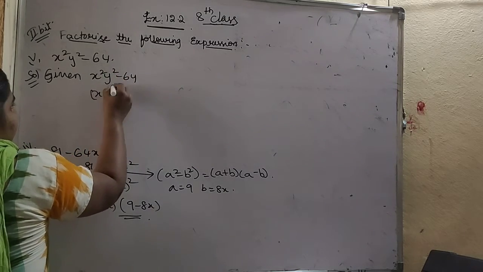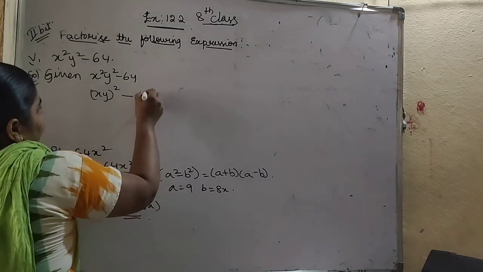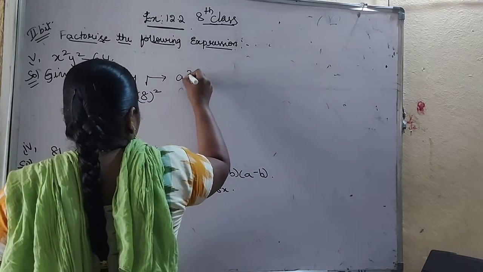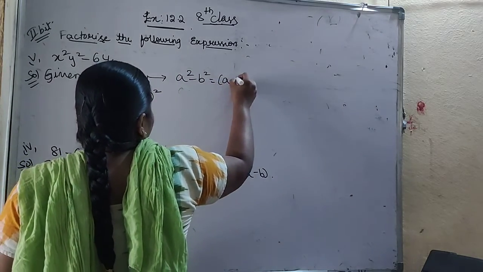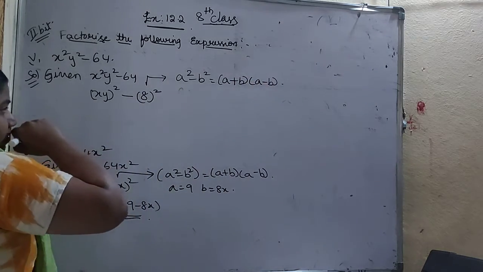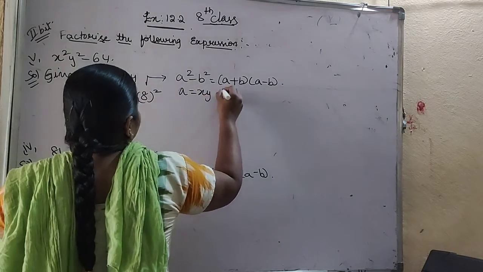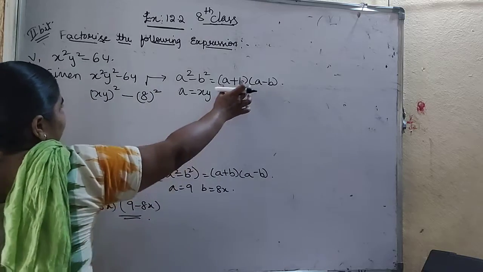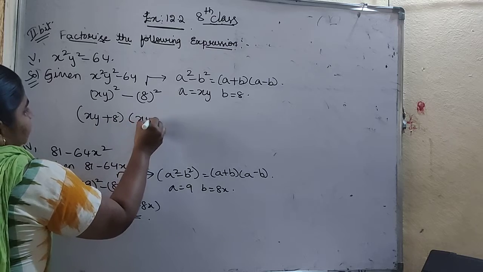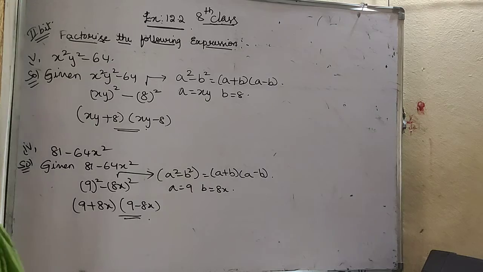We can write xy whole square, because for two terms we are having the square value, and 64 can be written as 8 square. Now this has been converted to a square minus b square, that is a plus b into a minus b. So what is the a value and b value here? A value is xy and b value is 8. Now we can split to this form, that is xy plus 8 is one factor, xy minus 8 is another factor. So these are the two factors for the given expression.